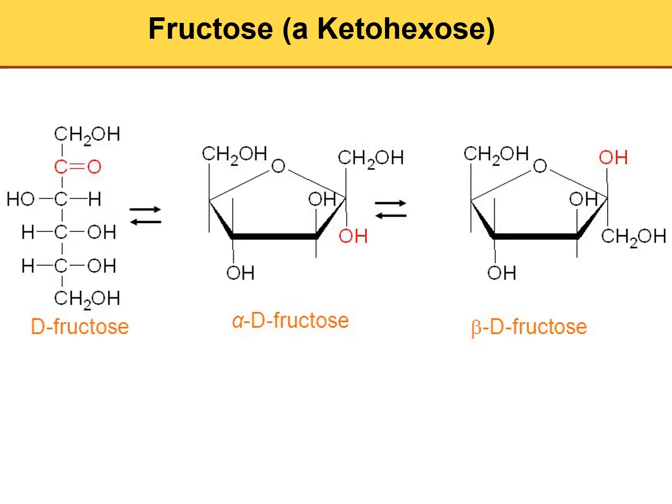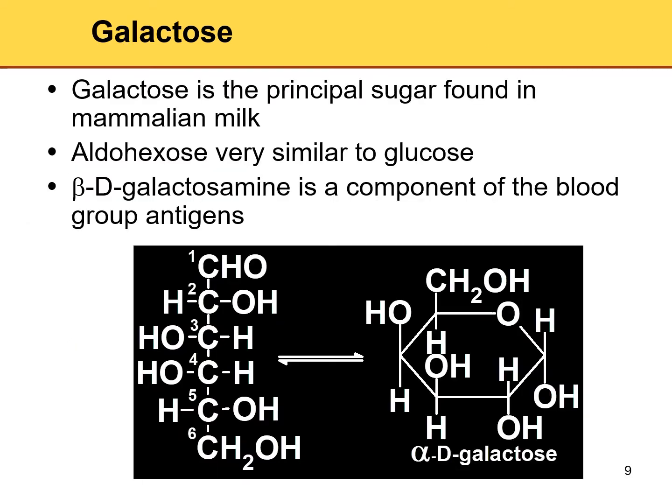The very last thing we talked about, again, you have the open chain as well as the ring forms, the alpha versus the beta, and then we talked about other isomers, like galactose. Galactose is a 6-carbon aldose sugar. You should know this. This is the aldehyde, carbon number 1 all the way to number 6.